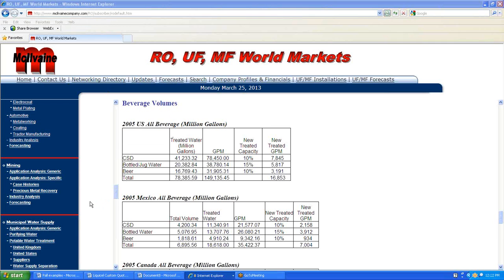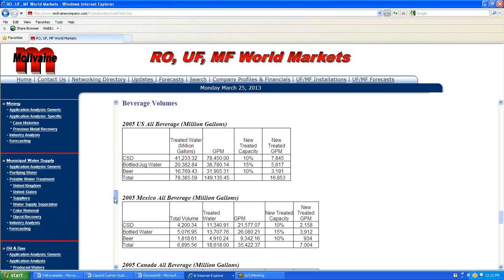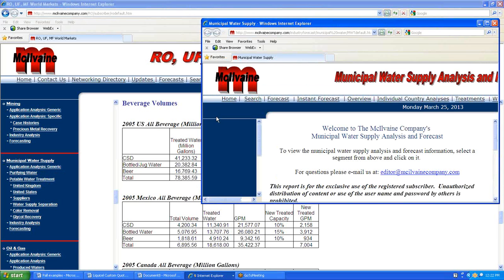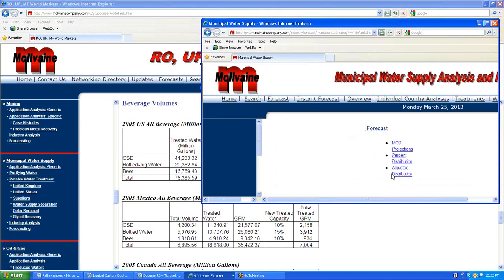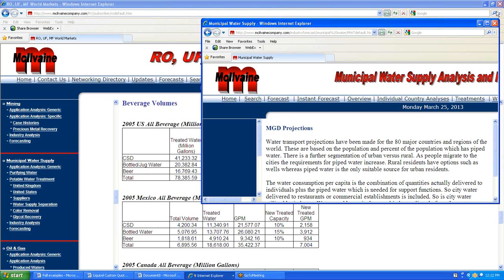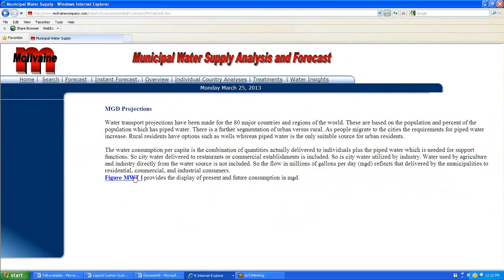Let's move over to the left-hand side again and just scroll down to show you the other things that are here. In the municipal water supply, we forecast municipal water supply for every country of the world. So you can go in there by the forecast, and you can click on a particular MGD projection, and we'll expand that again here too.